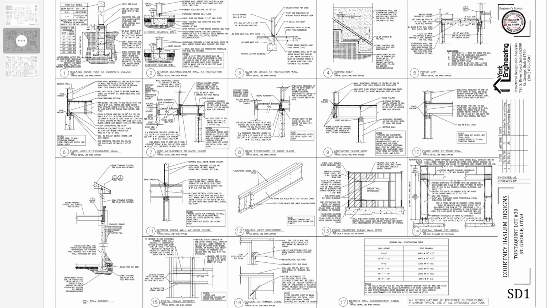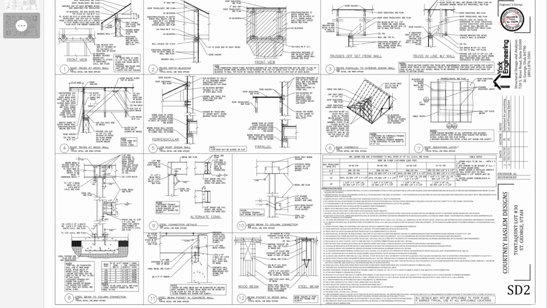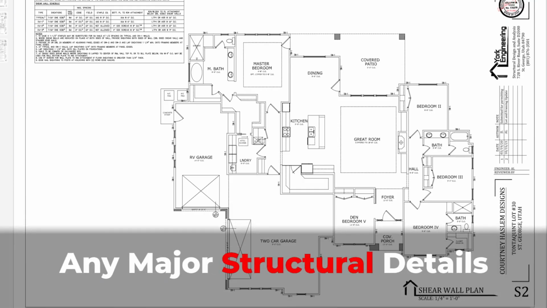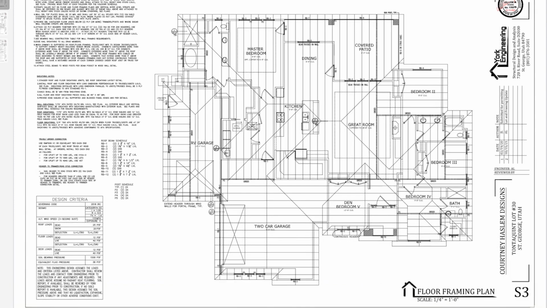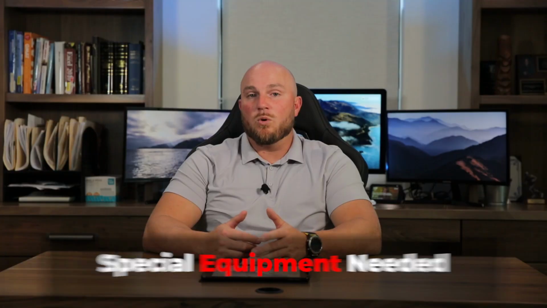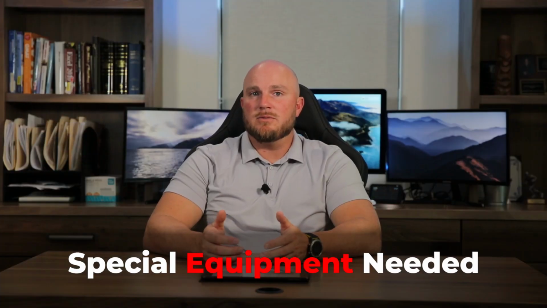Okay, another thing that I consider, once I have the house plans, I will ask for structural plans as well. I'm not too concerned with all the structural details. Lots of them are copy and paste details that different engineers use. What I'm more looking for is is there any specific major structural detail that's not typical, that maybe is gonna take a little bit more time, more difficulty, or needs special equipment to even accomplish it?